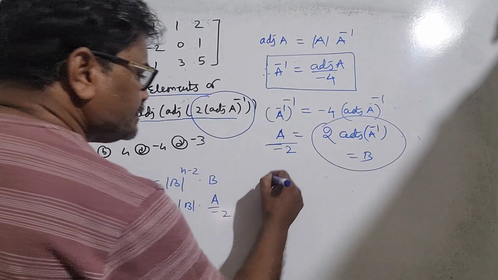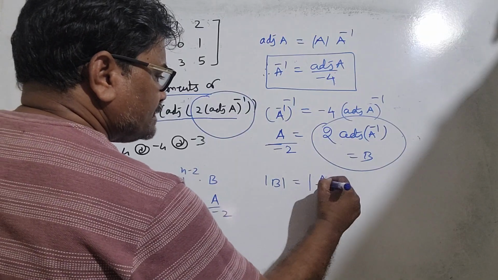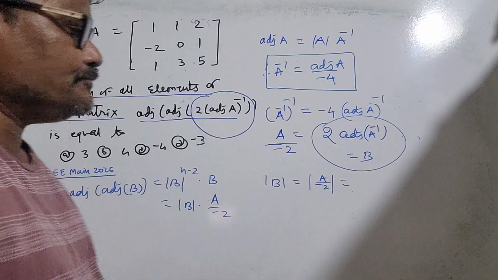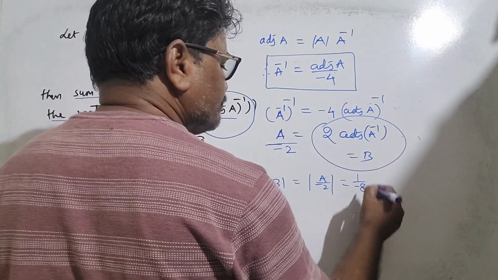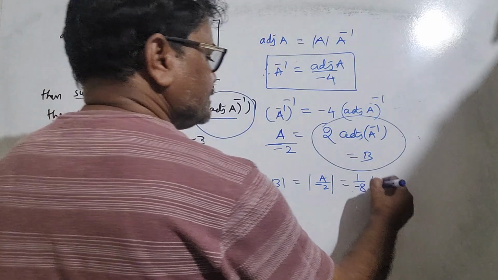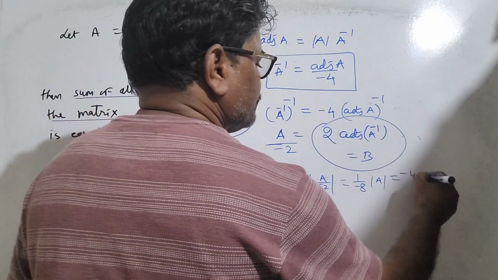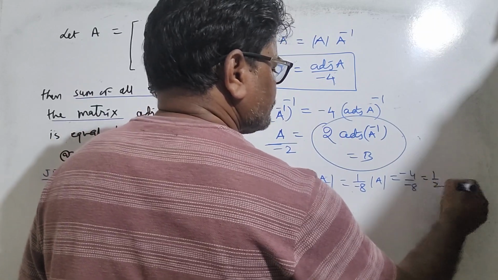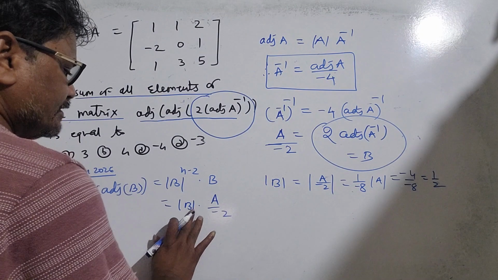Now determinant of B is determinant of A by minus 2. See here, minus 1 by 2 we can take from each row, that becomes minus 1 by 8. And then determinant of A is minus 4. So minus 4 by minus 8 is equal to 1 by 2. Correct? Finally, determinant of B is 1 by 2.